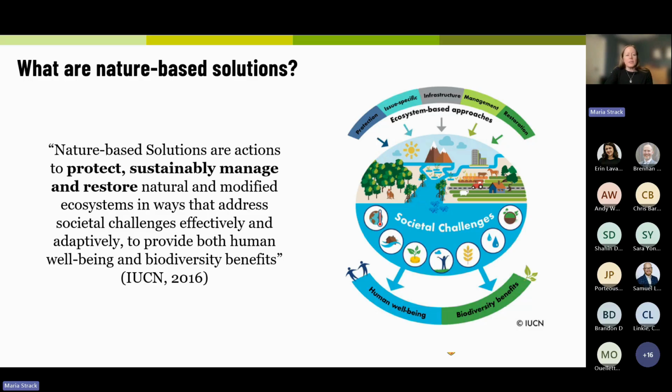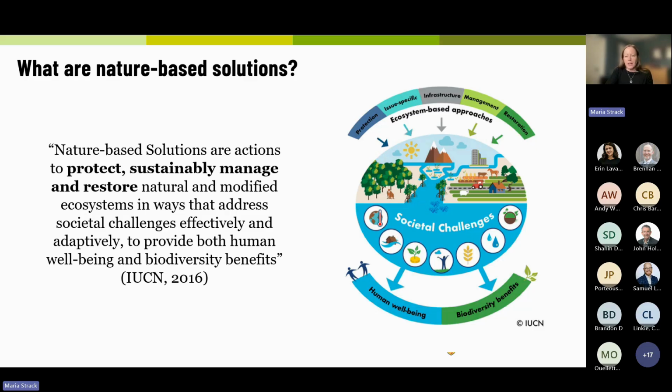But it wasn't until about 10 years ago that the International Union for the Conservation of Nature wrote a guide specifically about nature-based solutions, where they put forth the definition on the slide here: nature-based solutions are actions that protect, sustainably manage, and restore natural and modified ecosystems in ways that address societal challenges effectively and adaptively, that provide for both human well-being and biodiversity benefits.